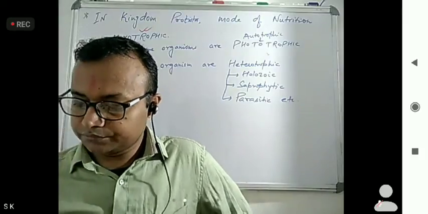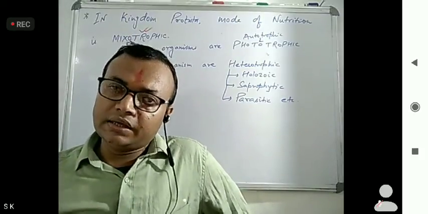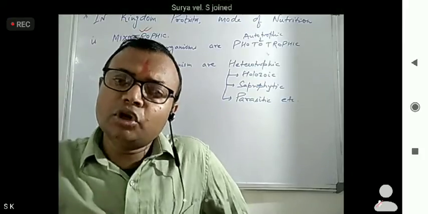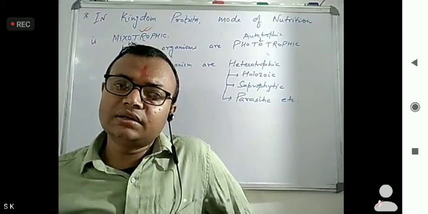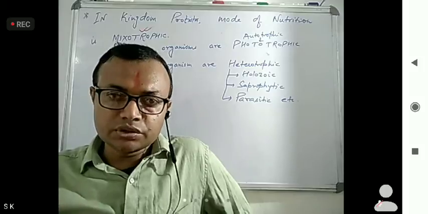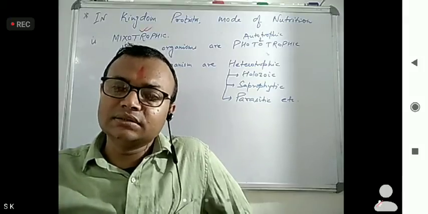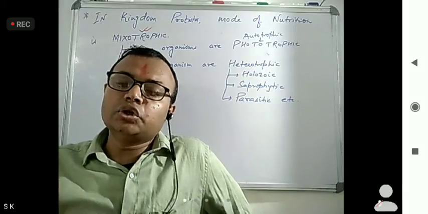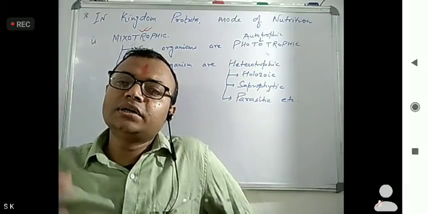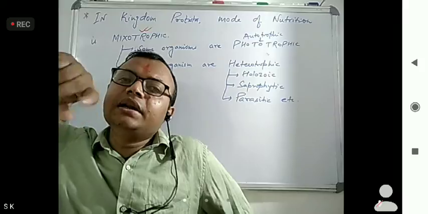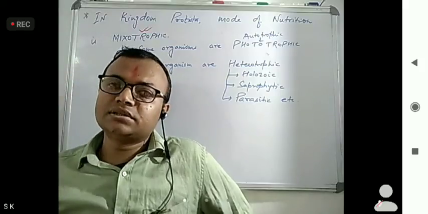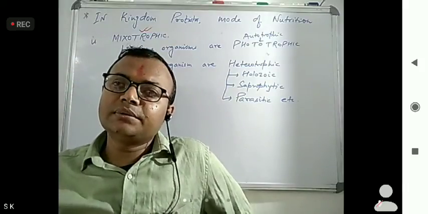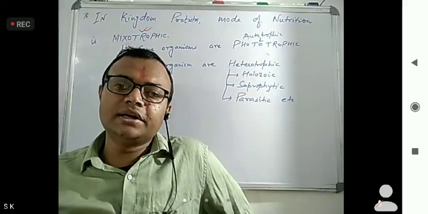Okay. Now, here some organisms are photosynthetic as well as heterotrophic parasitic type like Euglena. So Euglena is what? The connecting link between plants and animals. When they are in presence of sunlight, they are making their food.